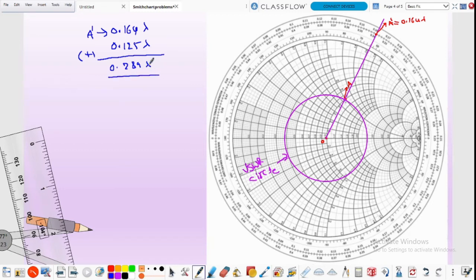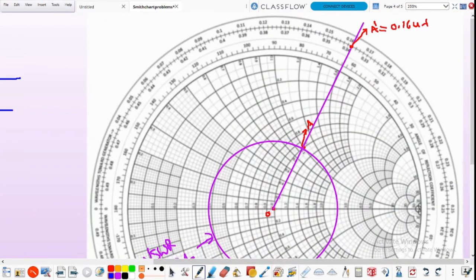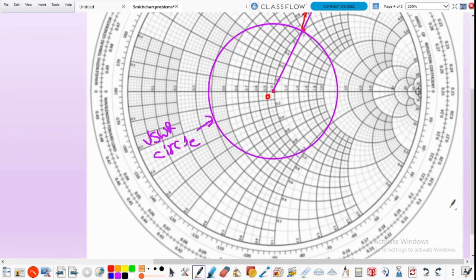So from here, observe 0.289 lambda on the outer rim and approximately mark that point: 0.27, 0.28, 0.29. So approximately this is 0.29.